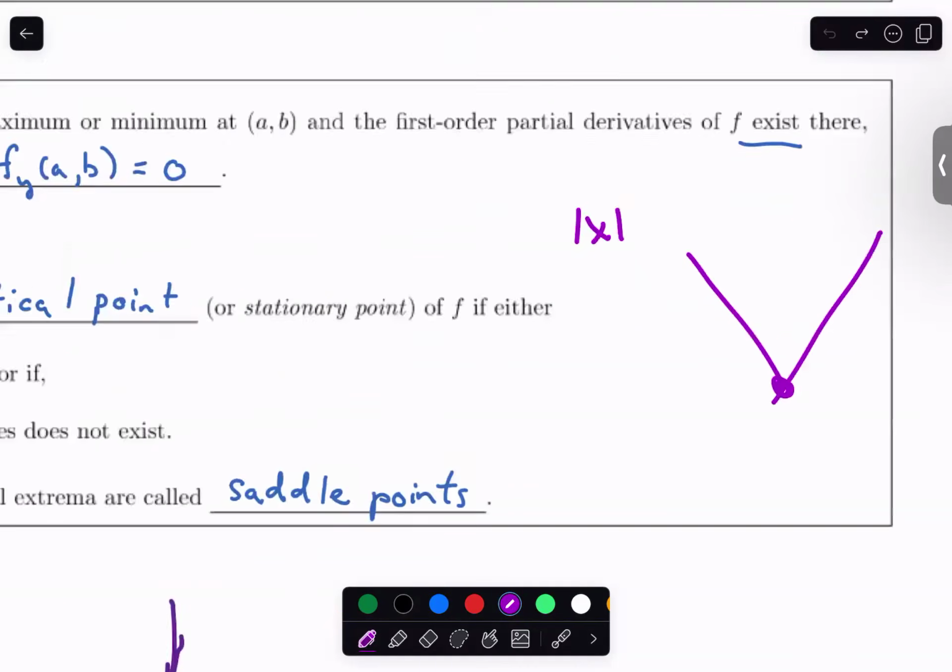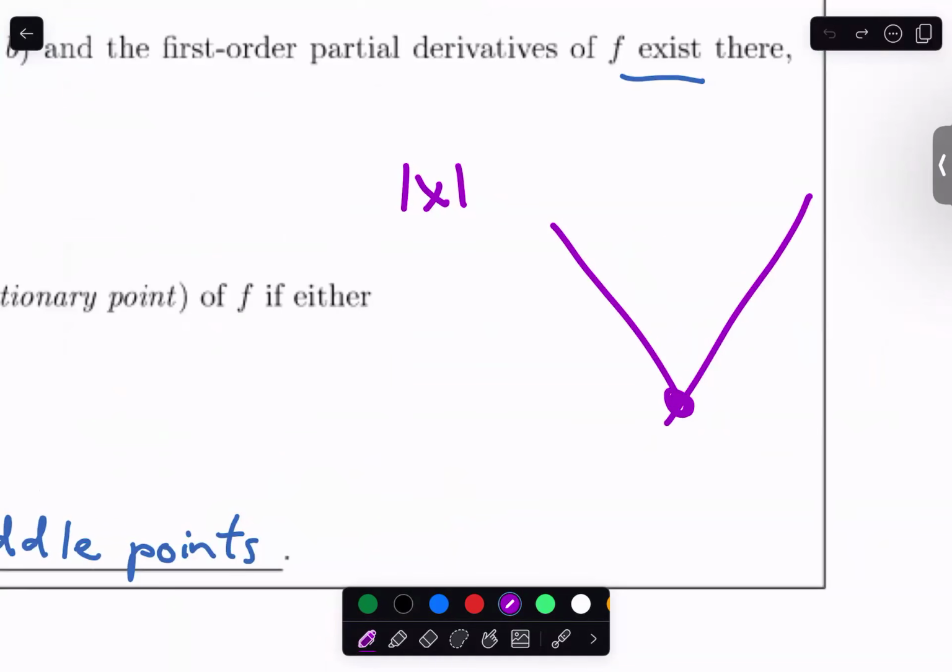As a reminder, for the absolute value of x at 0, when you have this jagged turn, this is a place where the derivative doesn't exist. When you make these very quick changes, that is an example of a derivative not existing.